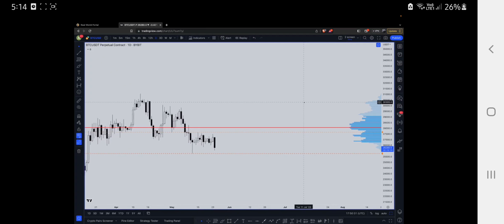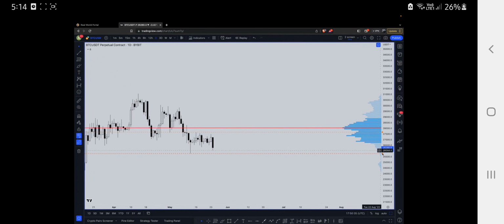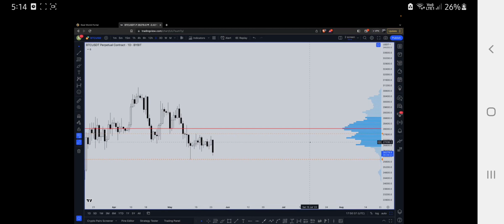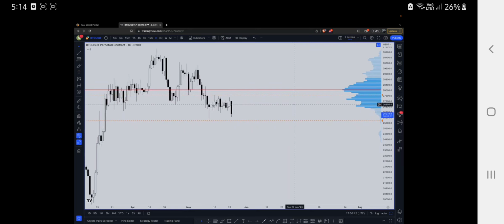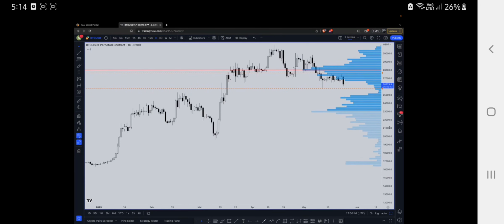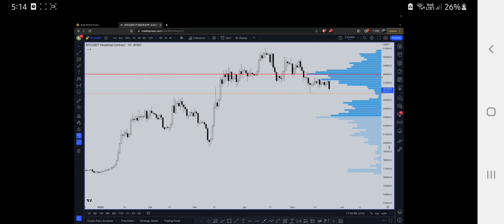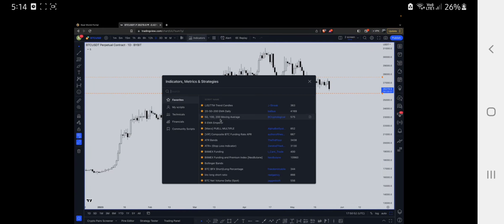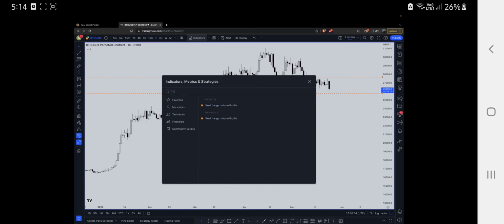Price action up here. This is a bit of a roundabout way of doing it. There's the point of control of the range we've been in. So we're well below that. If we then look below that, I guess I should just do fixed range, shouldn't I? Fixed range.